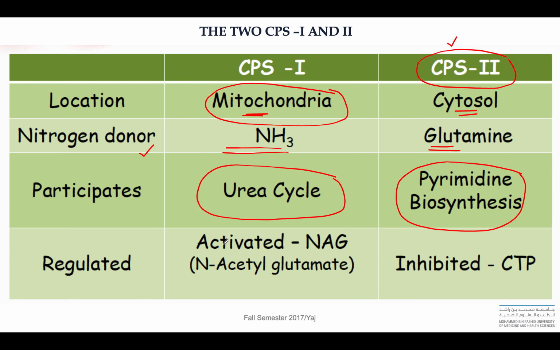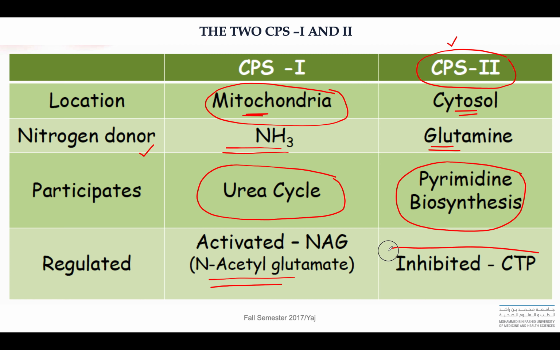Carbamoyl phosphate synthetase 1 is regulated by availability of substrates, that is aspartate, carbon dioxide and ammonia, and also by the metabolite N-acetyl glutamate, which is formed by the reaction of acetyl coenzyme A and glutamate.